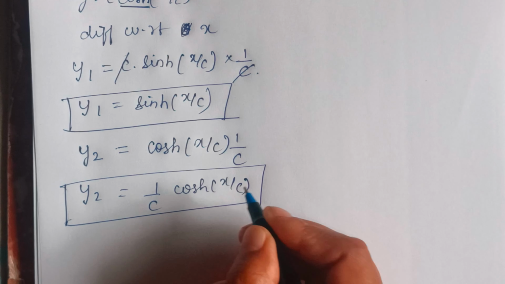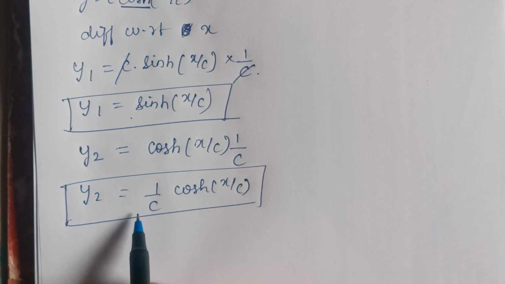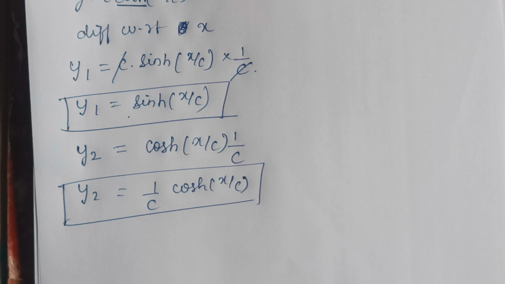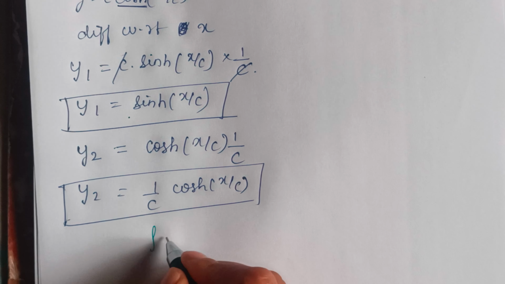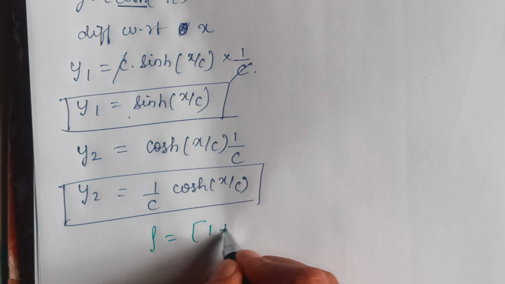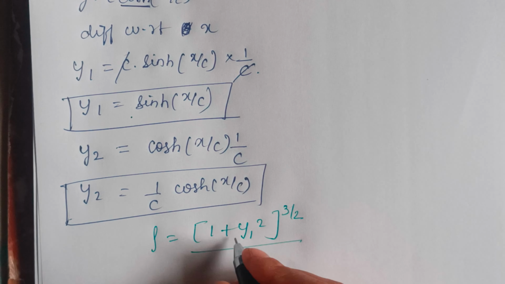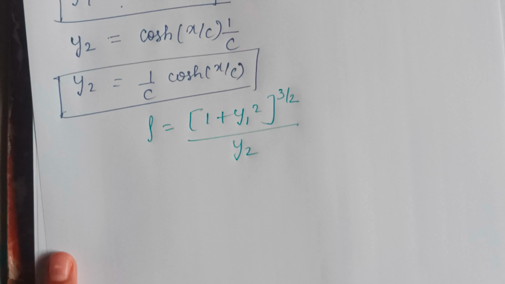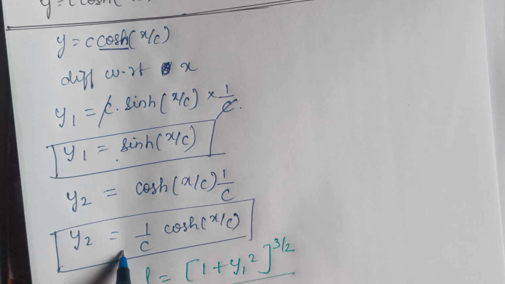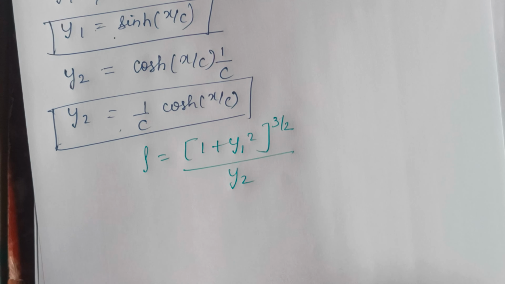So I have y1 and y2. So the radius of curvature formula, we know that rho equals 1 plus y1 square whole to the power 3 by 2 divided by y2. Correct?